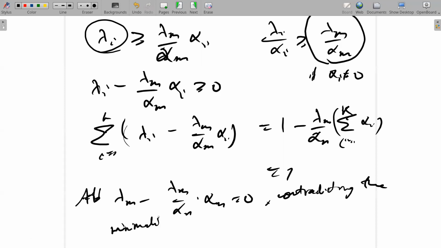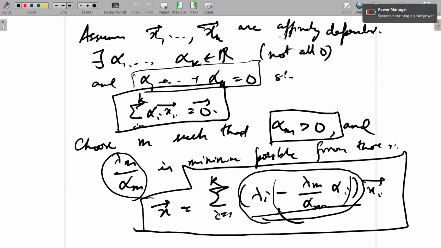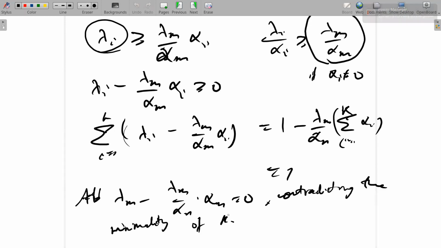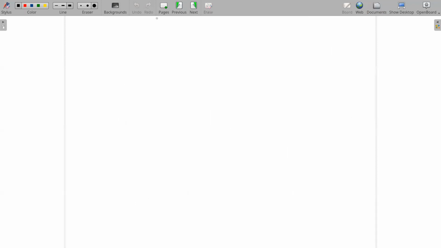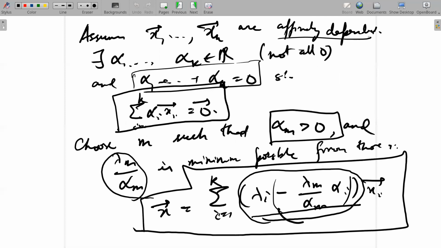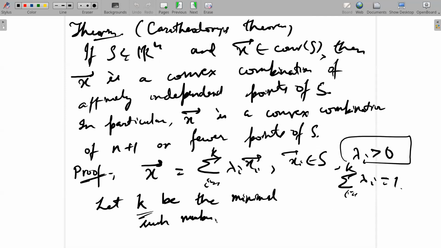And why did we get this contradiction? That's because we assumed these xi's are affinely dependent. That's where all this trouble started. So that must mean that if we choose that minimal such k, then all of these must be affinely independent. So that finishes the first part. If we look at this theorem statement, if S is in Rn and x belongs to the convex hull of S, then x must be a convex combination of affinely independent points of S. And we noted that the number of affinely independent points you can have in Rn is not more than n plus 1.